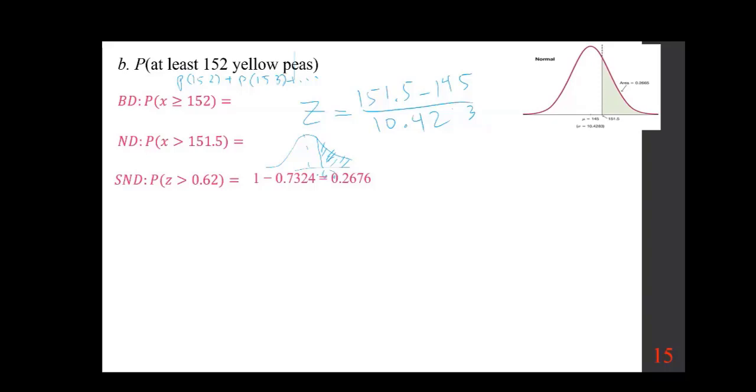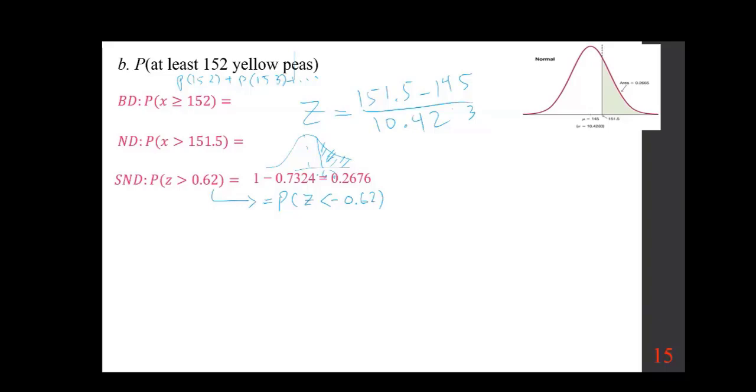Or you can look up by symmetry, you can look up the probability of z less than negative 0.62. This is the same as the probability of z less than negative 0.62. So if I'm reading from the table, I take the easy way out. Instead of having to subtract the number from 1, I'm going to read the negative z-score of 0.62, okay?